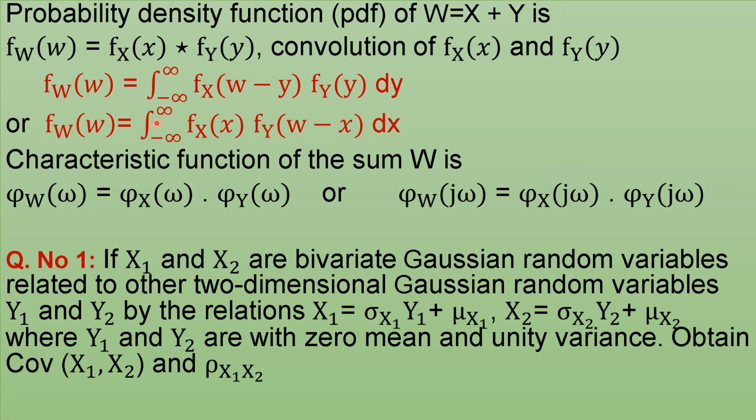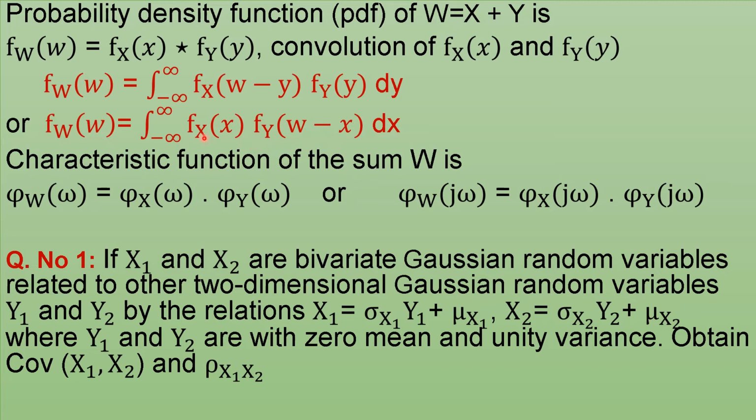Or the same formula, the convolution of fX(x) and fY(y) can also be written as the integral from minus infinity to plus infinity of fX(x), the probability density function of X taken as it is, into fY(w minus x) dx, where fY denotes the probability density function of Y. But in the integrand, we take it as fY(w minus x) dx.